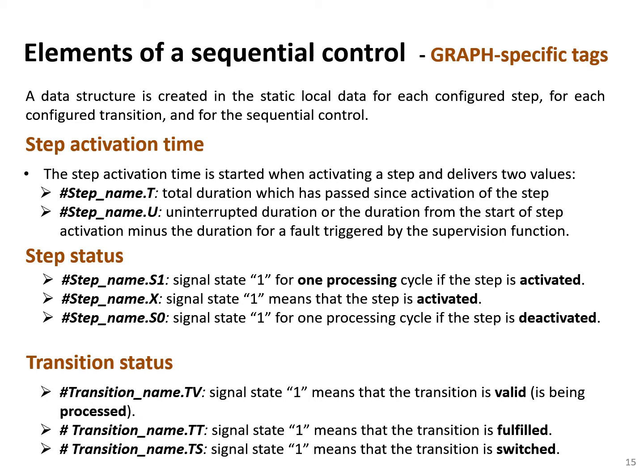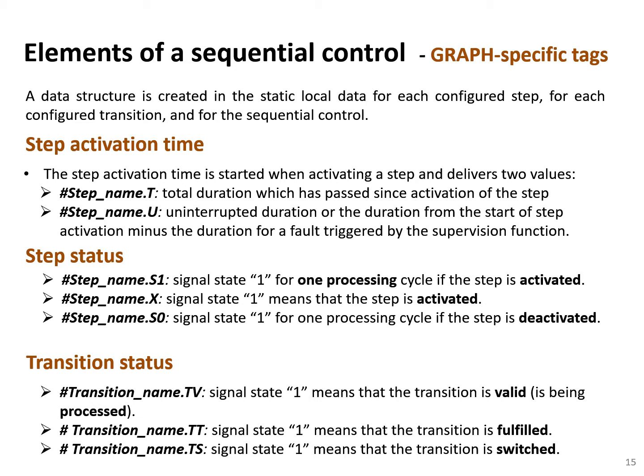So the step could be paused for any reason, and that will be reflected inside the step name.U. However, the whole duration from the first time the step is activated will be inside this step name.T.